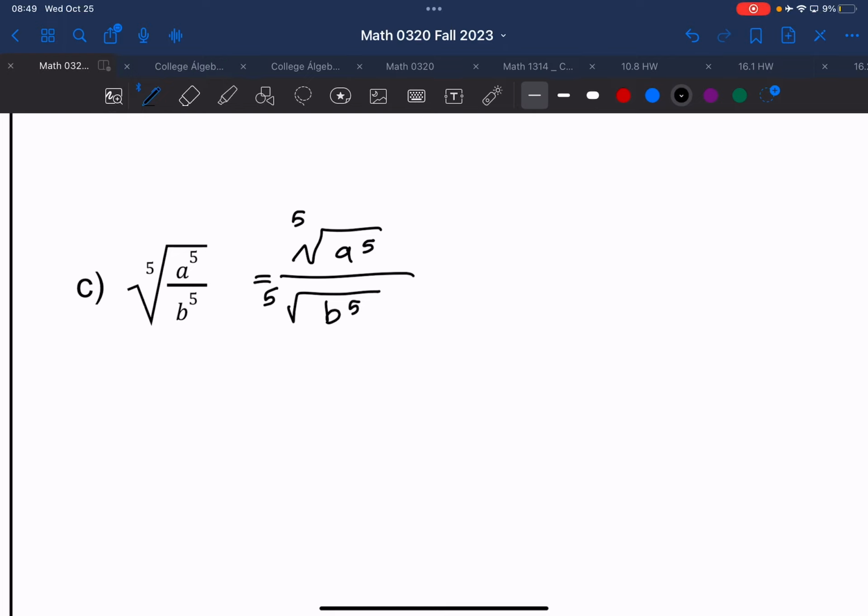Our fifth root is odd, so are we going to have absolute value? No, we're not going to have absolute value. And what happens right away to each of these fifth roots since the variables are being raised to the fifth power? Cancels. So that means we are left with what? A over B.